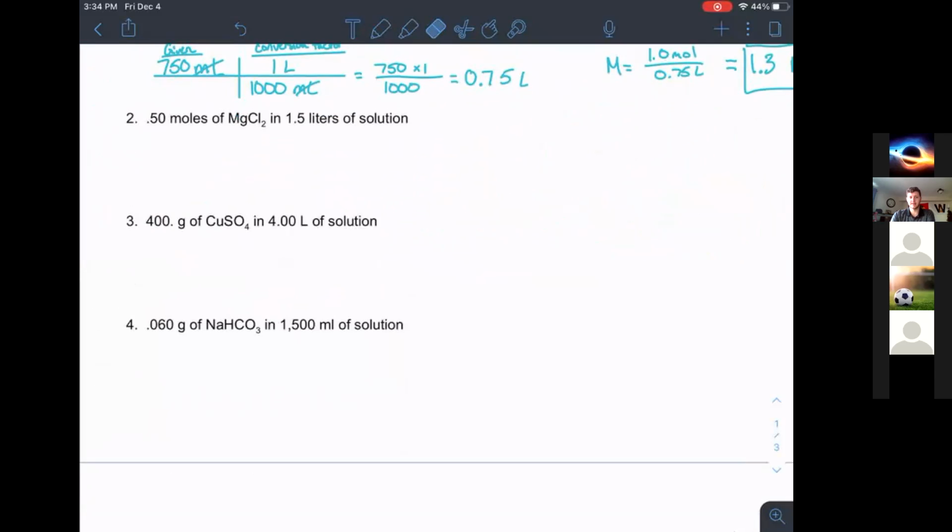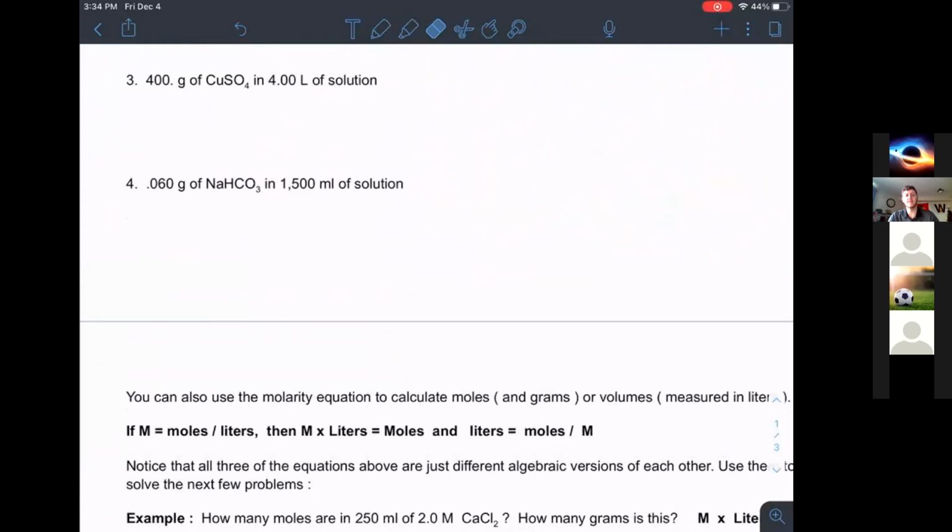All right. I'm going to leave number 2 for you guys, but I want to do number 3 together as well, just because it starts with grams now. So we're starting with grams. If we're looking at number 3, we are looking at 400 grams of copper sulfate in 4 liters of solution. So what's the first thing we're going to do? Check its solubility.